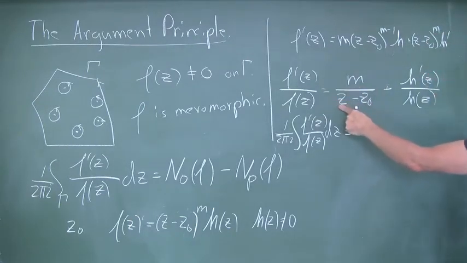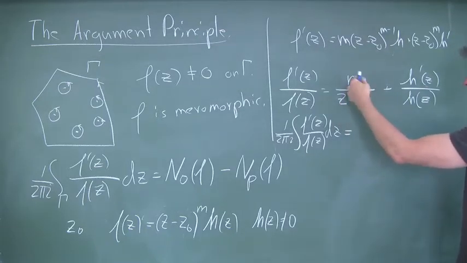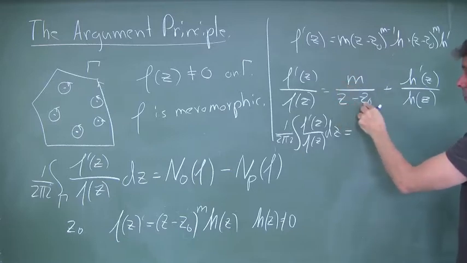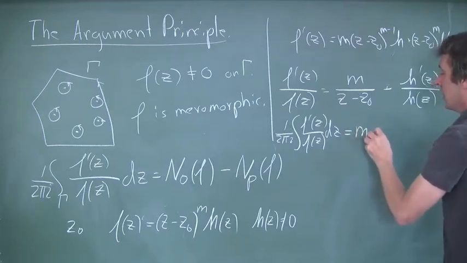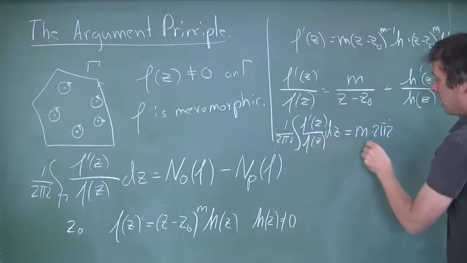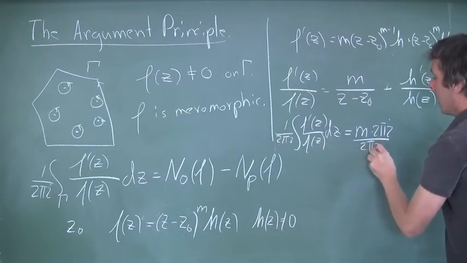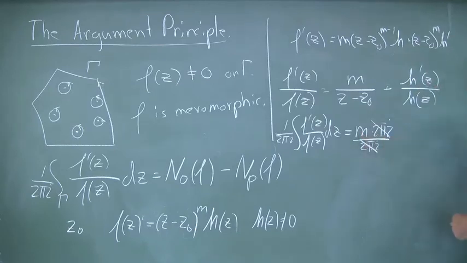Here, this is now a standard integral, which we have done several times, to integrate this function, a constant divided by z minus z naught. And we know that the result here will be m times 2 pi I. But then we divide by 2 pi I also. So we're actually left with m.